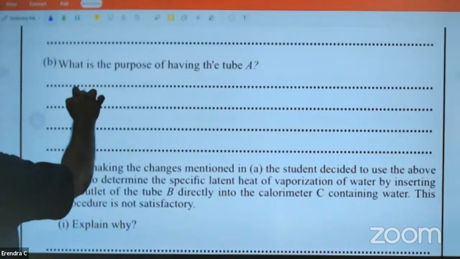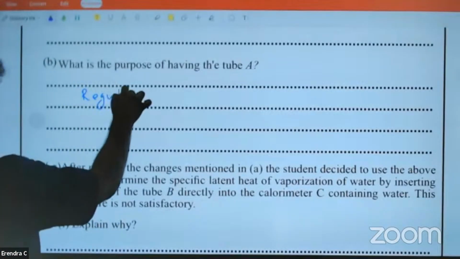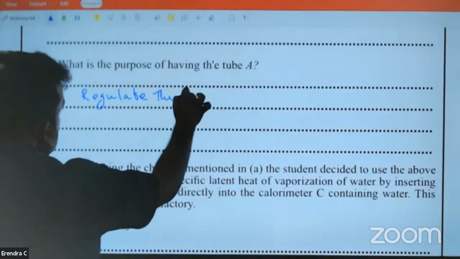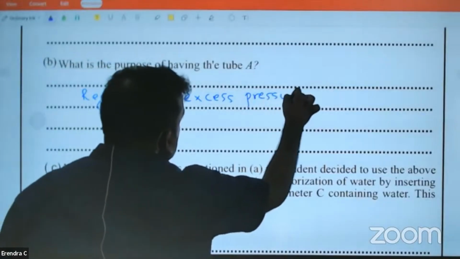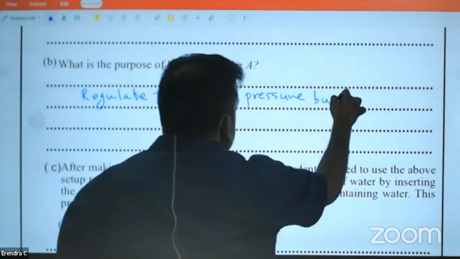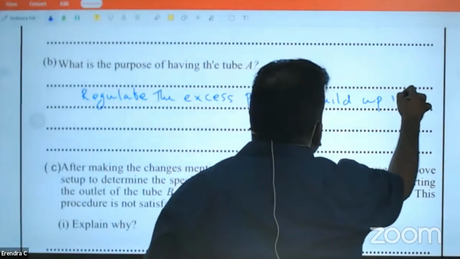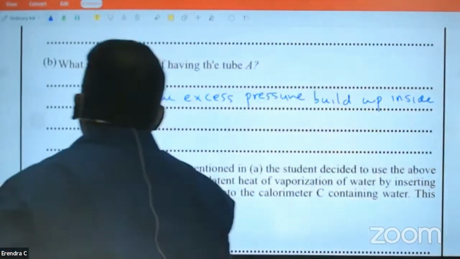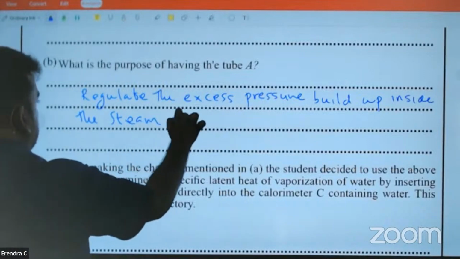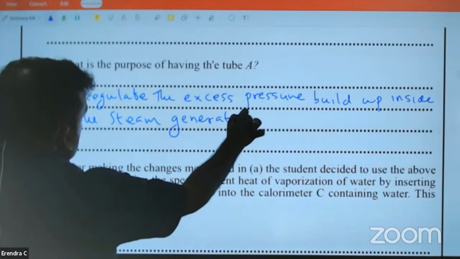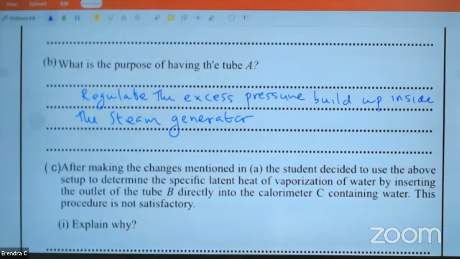So you can say, regulate the excess pressure buildup inside the steam generator. Okay, now? Right.